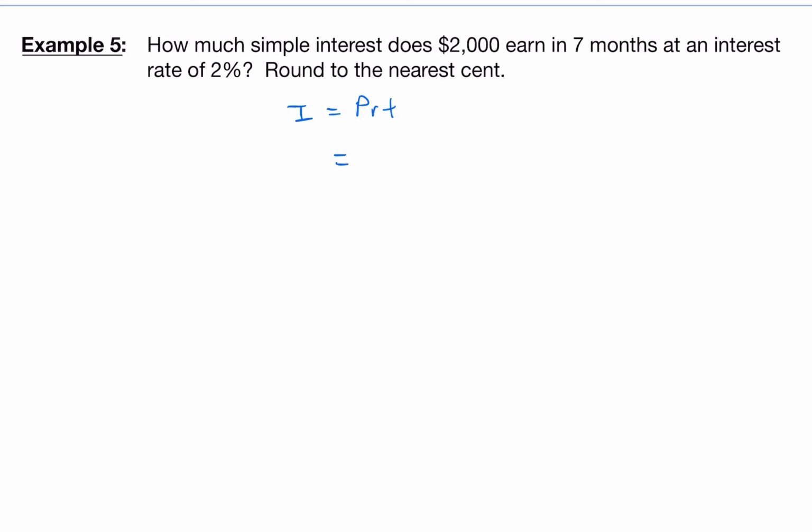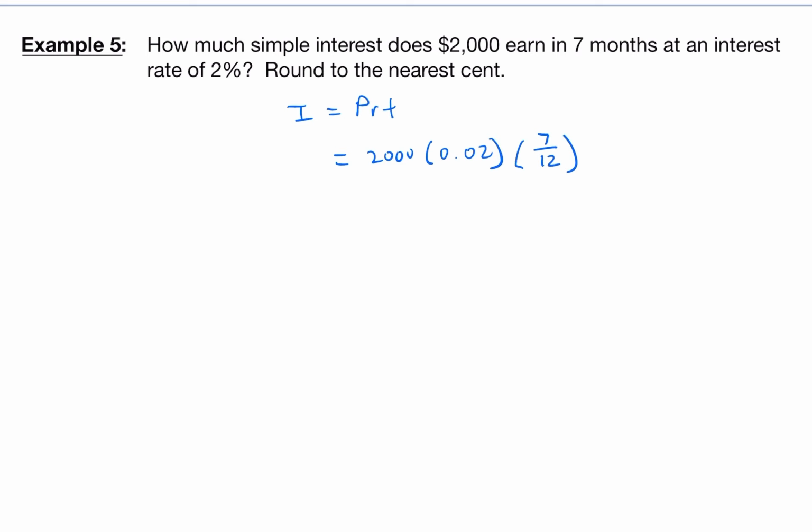Our principal is $2,000. Our rate is going to be 0.02, expressed as a decimal. And then our T in the equation should be expressed in years, but we're told that we need to know how much this amount earns in 7 months. So we have to take the 7 months and divide that by 12, right? So that is the proportion of a year that we are earning the simple interest.